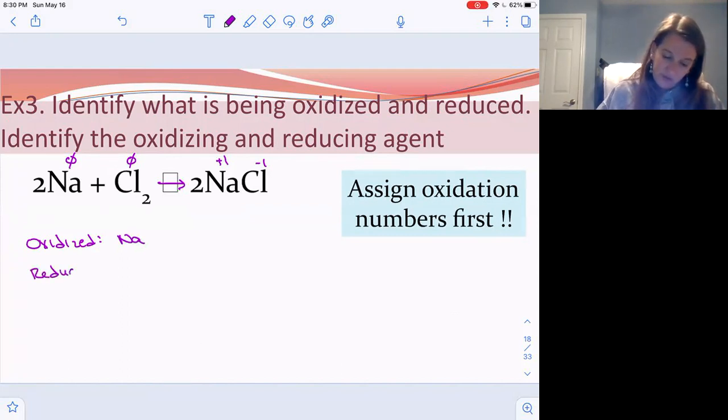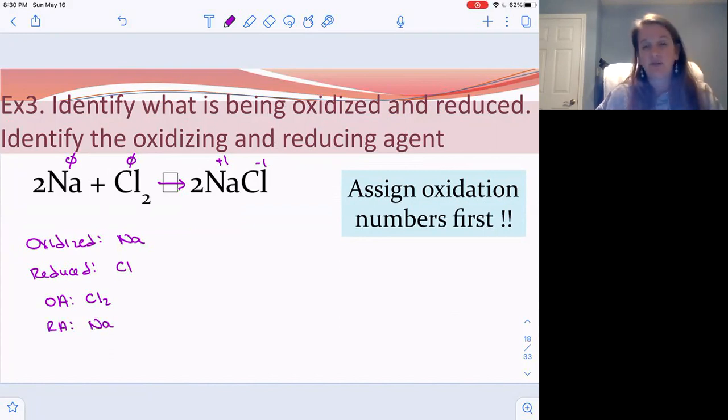What's reduced, we see, is the chlorine because it went from 0 to -1. So our oxidizing agent is going to be the chlorine gas, the Cl2, because that's what's causing the oxidation. And the reducing agent then is going to be the sodium because that caused the reduction.